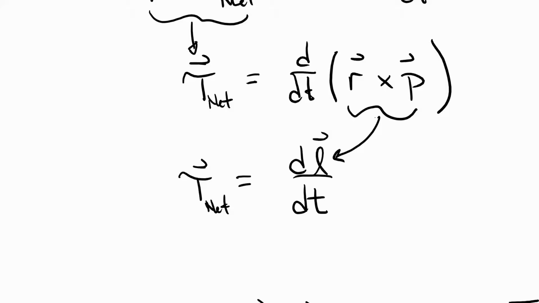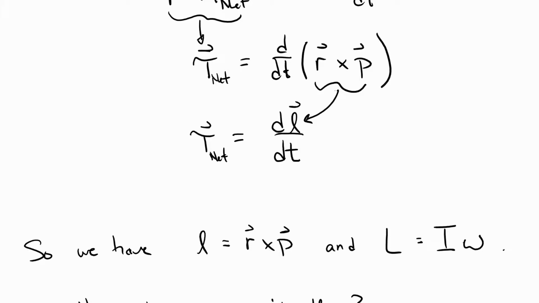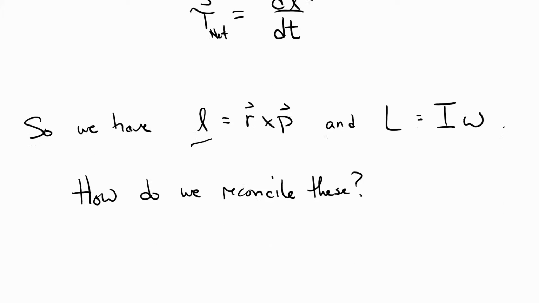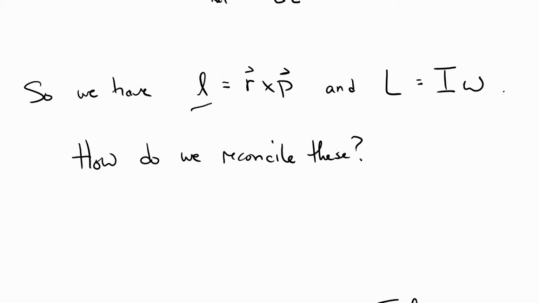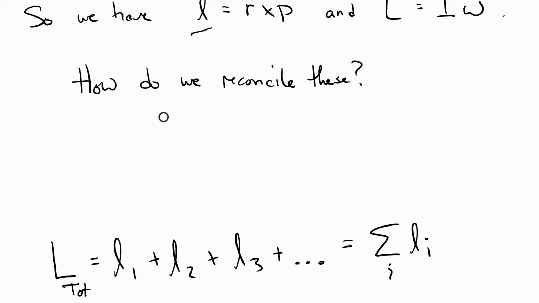You may notice that we've switched from an uppercase L to a lowercase l. You might be wondering, what's the deal with that? We have lowercase l for angular momentum as r cross p, and uppercase L as I omega. So how do we reconcile these? What we're going to wind up doing is defining this uppercase L as L total, the total angular momentum.